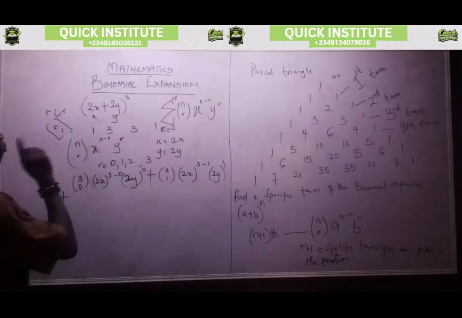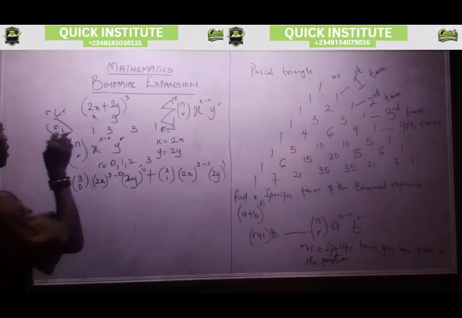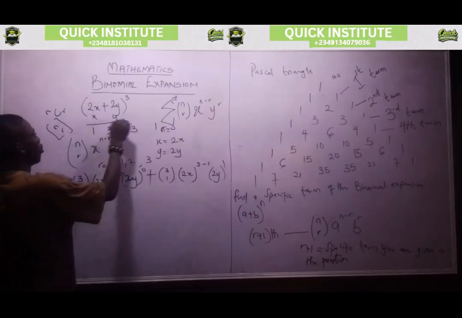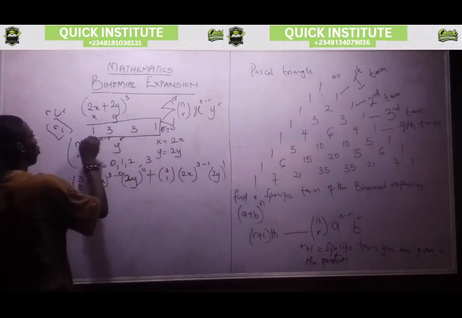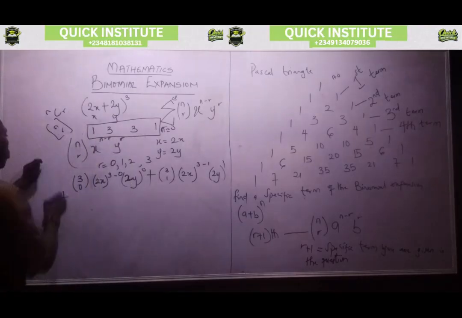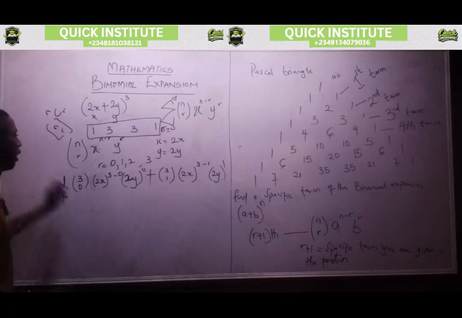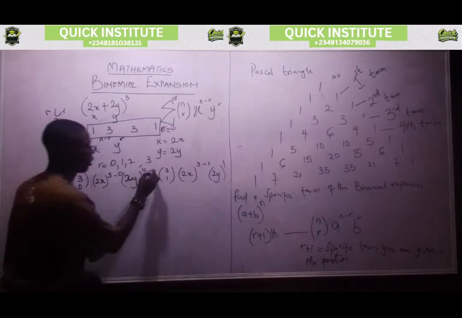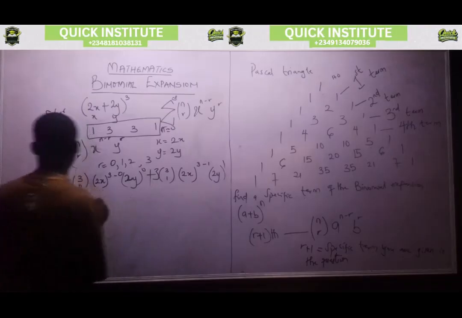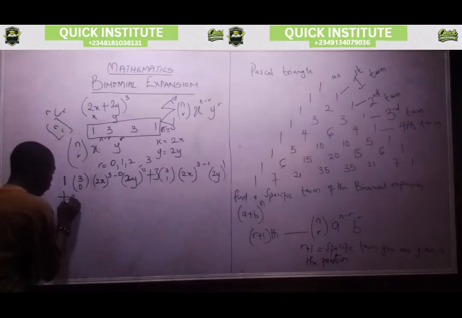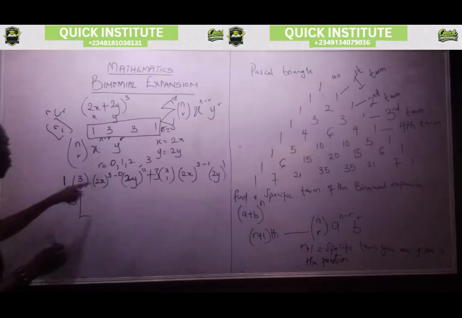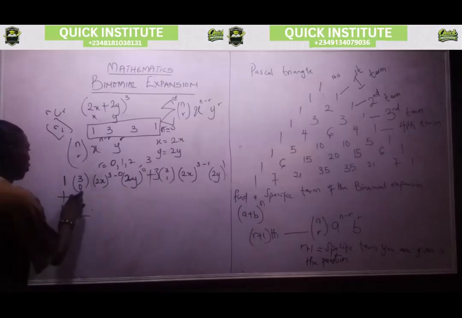So now let's remember the Pascal triangle. Our first term is 1, the second term is 3, and the third term is 3, which will multiply all this.